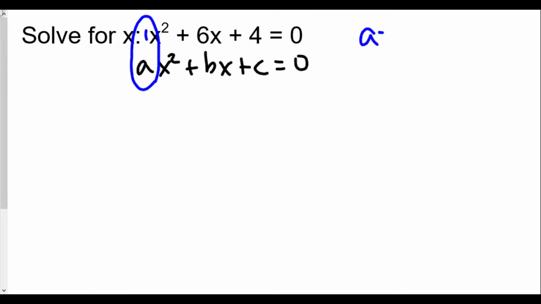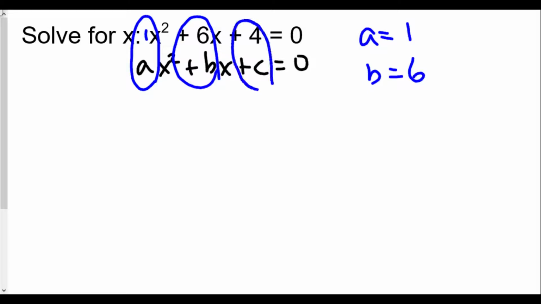So a equals 1, our b value equals 6, and our c value equals 4. That's how we do it. And again, when you're first trying these out, you definitely want to put the equation ax squared plus bx plus c equals 0 underneath the original one, so that's easy to see. At some point, you may not need to, but if you use the wrong numbers, you get the wrong answer.